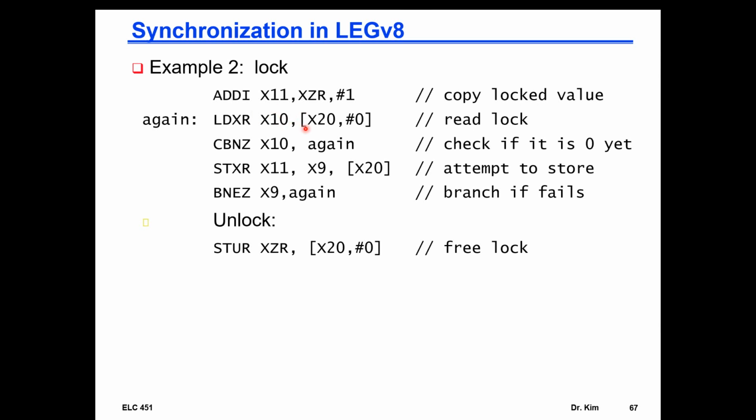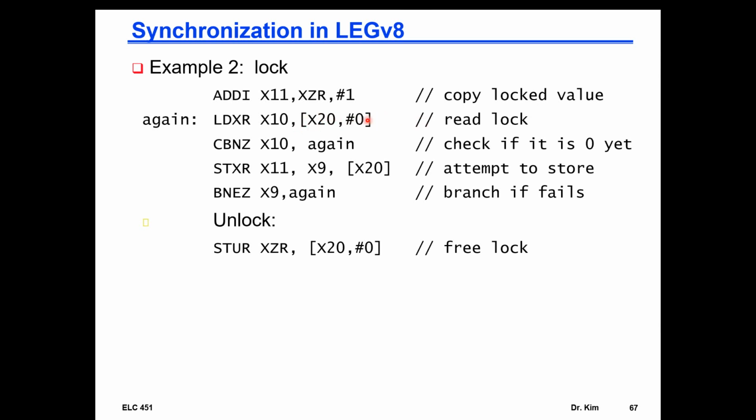If it's not 0, we just keep waiting for the other processor to release the lock. Once the other processor releases the lock and this register becomes 0, as I mean, the lock is in memory.